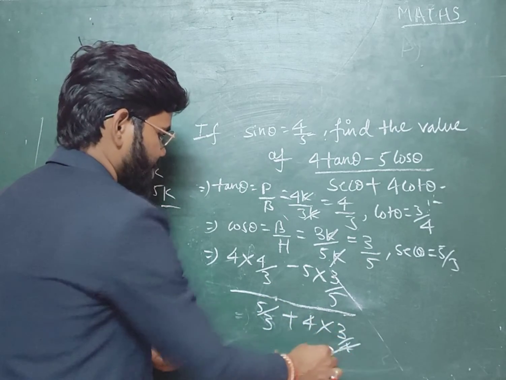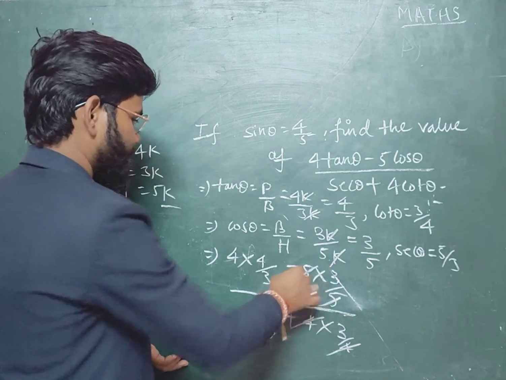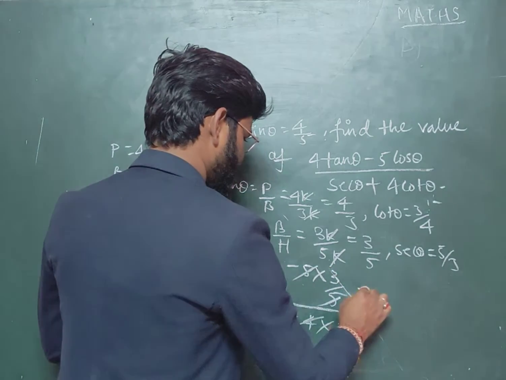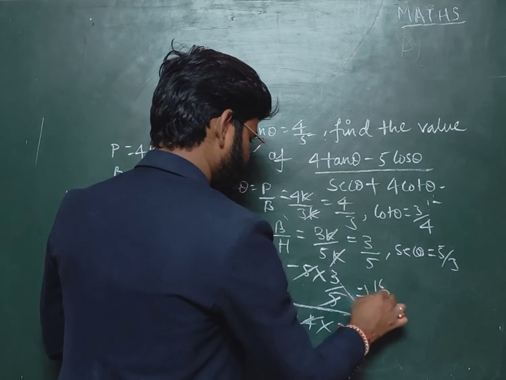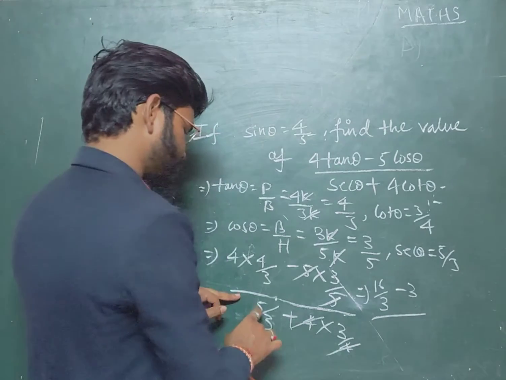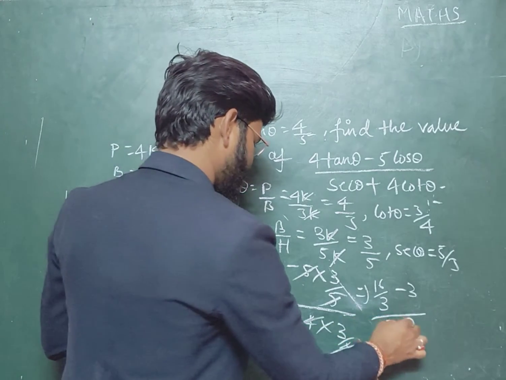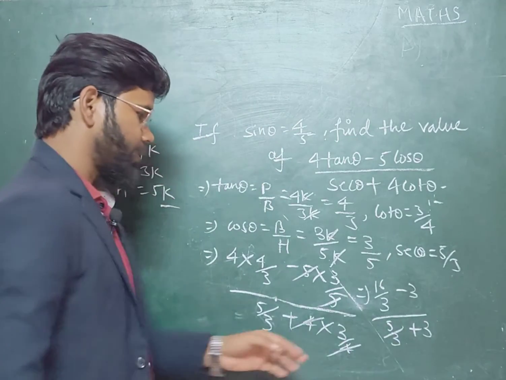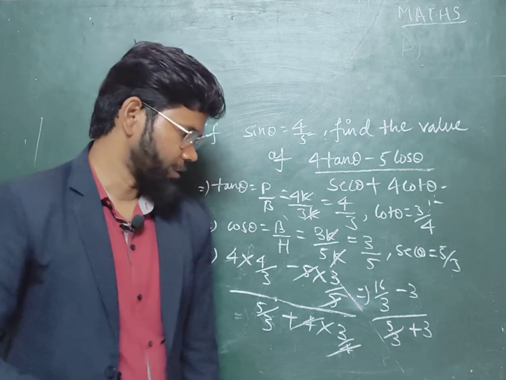So 4 cancels, 5 cancels. This gives 16 by 3 minus 3, divided by 5 by 3 plus 3. When you solve this, you will get the answer.